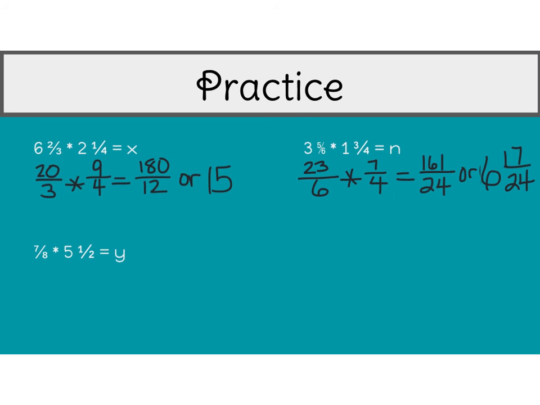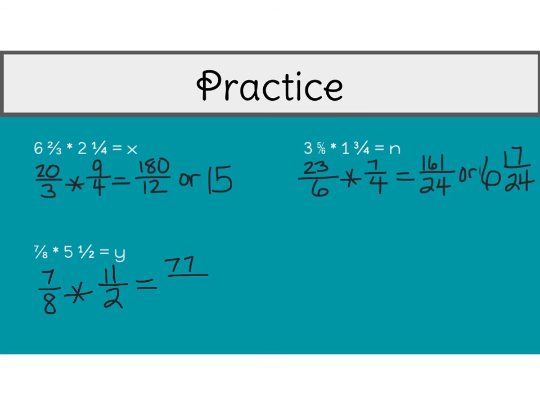So I'm going to take 7/8. I don't have to convert that, it's already a fraction. And then I'm going to take the 5 1/2, and I'm going to convert that to a fraction. I know that 5 times 2 is 10, plus my numerator is 11, so that becomes 11 halves. And then 7 times 11 is 77.